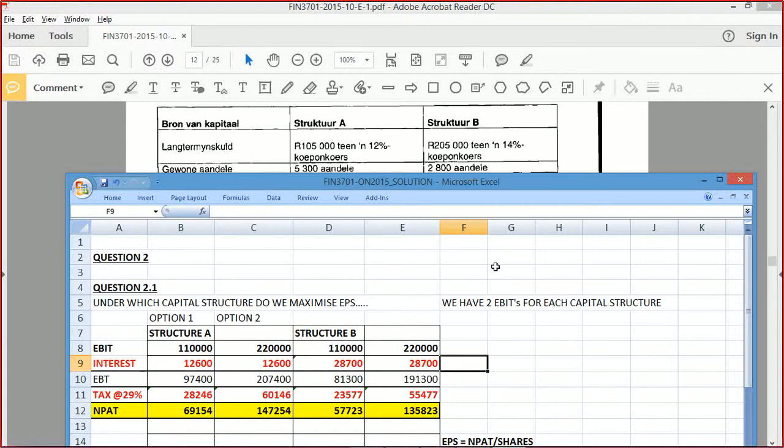Profit for structure 2, for this one, no, 147. 245. 254. Oh, do you have to work out option 1 and option 2 for both?